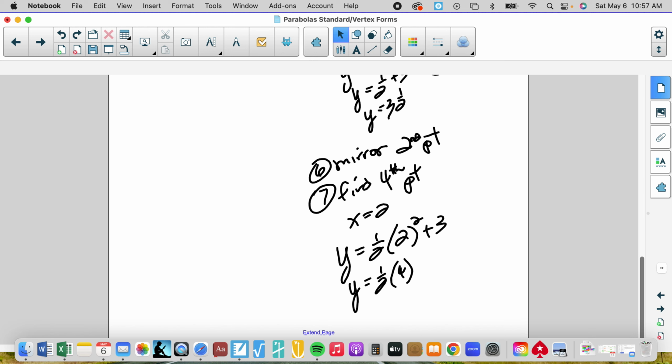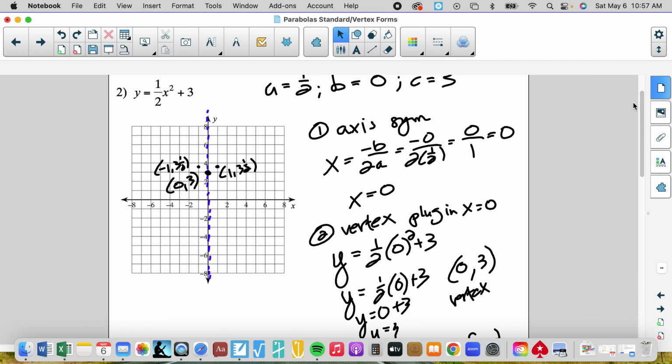2 squared is 4. 1/2 times 4 is 2, which gives us 5. So when I plug in 2, I get 5. Oh, no fractions this time. Good. So 2, 5 is right here, and negative 2, 5 is going to be its reflection point. All right.